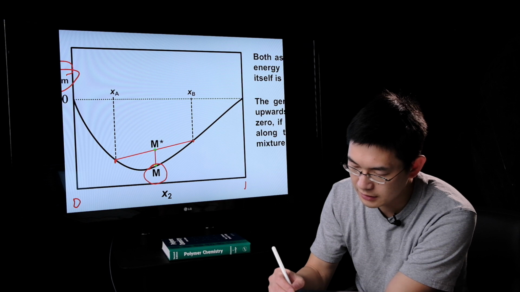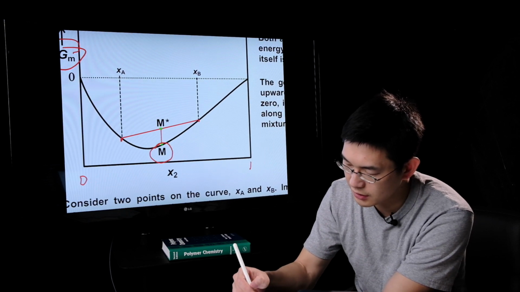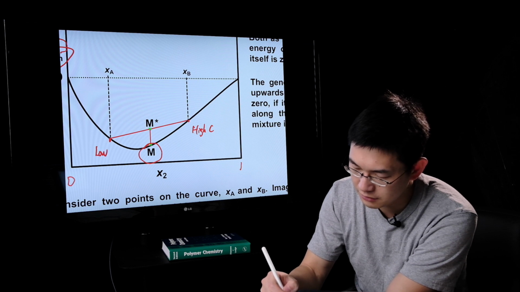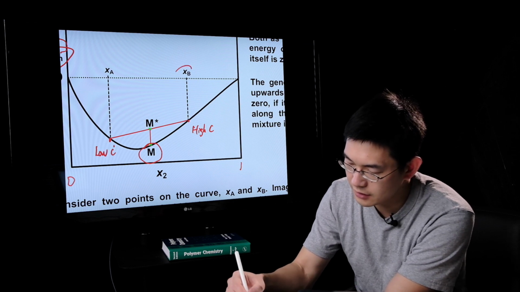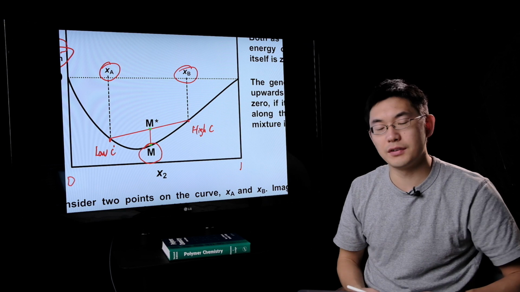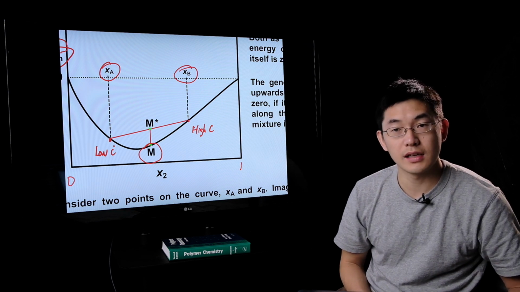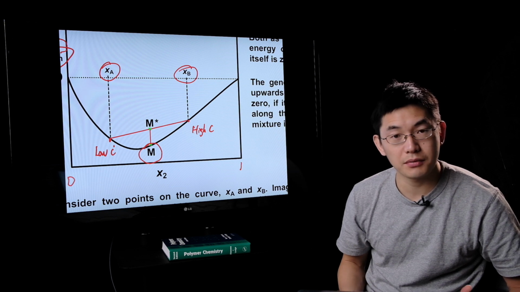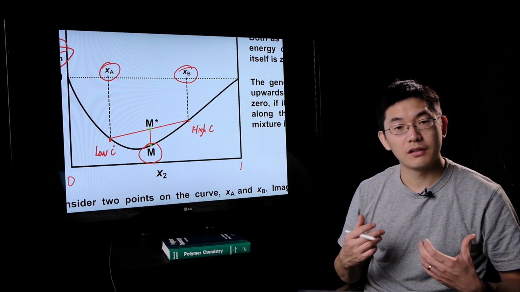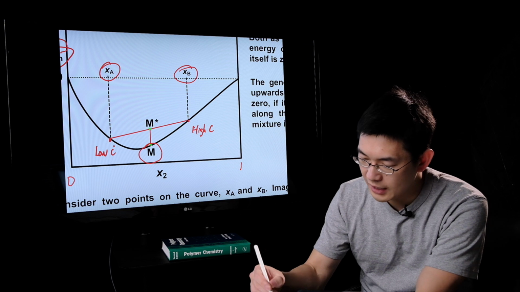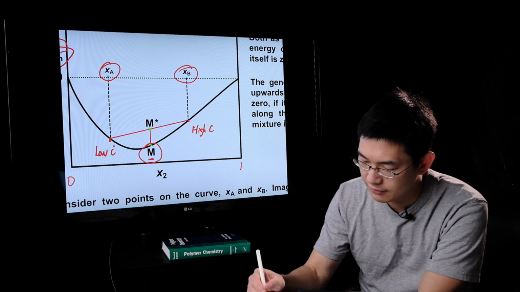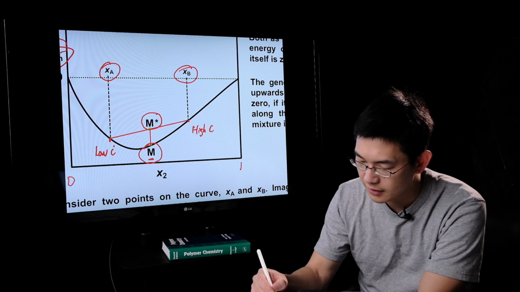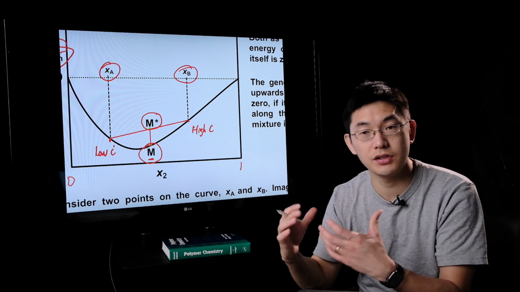So that's going to be a high concentration layer, a high C, and this is going to be low C. And it will behave into two phases, one is XA, the other is XB. The question of whether it phase separates comes down to the free energy before, which we have as M, and after, which we have as M star, and how these two compare.